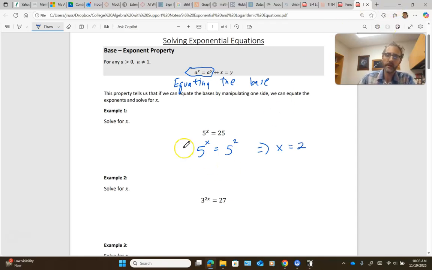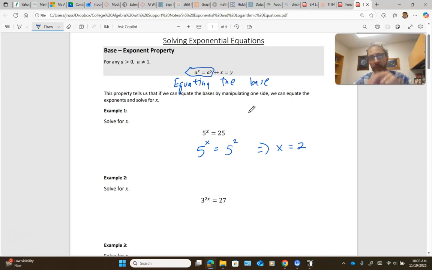Okay. Now you may think, well, this was pretty simple. I could have just figured out by looking at this that x has to have a value of 2. Otherwise, it's not going to equal 25. Okay. But some of these are not so obvious. And so that's why we're going to try to equate the base. So in solving exponential equations, there's two different methods.